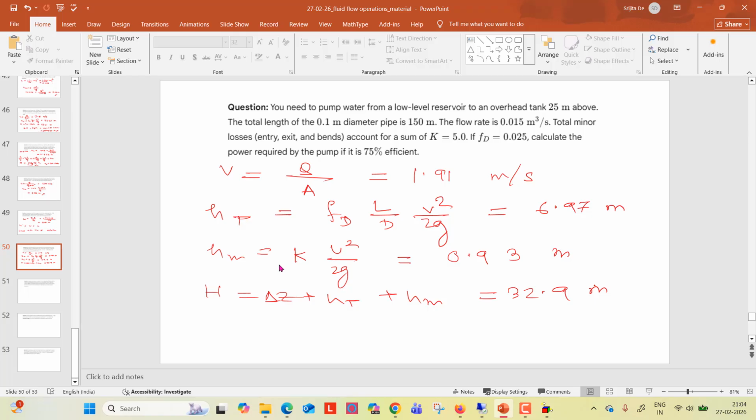And the power required, so P, and also the efficiency is given, so it is rho g Q H by eta. So after putting all the values, you know rho g, that is for water, 1000, 9.81, Q is 0.015, H is the final one, eta is 0.75. It is coming as 6454.8 watt. Okay.